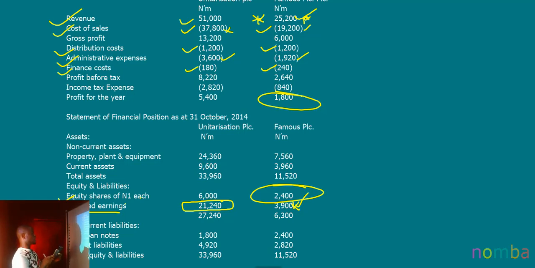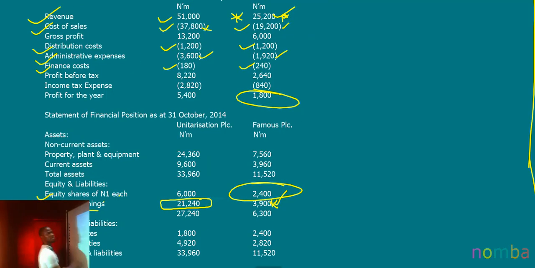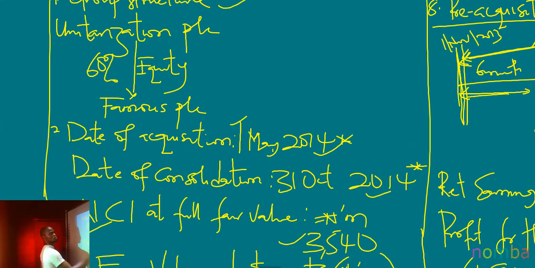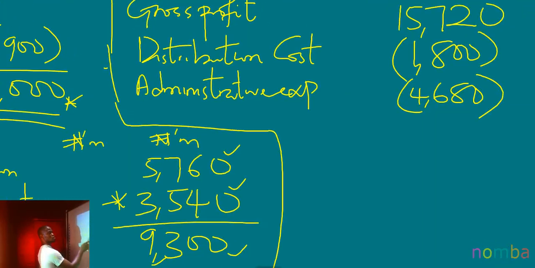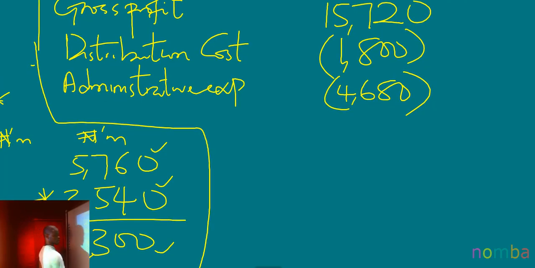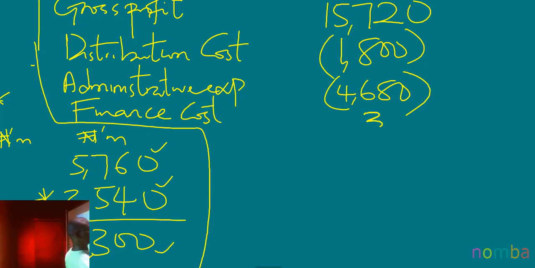If I add the 180, I will get 300. So let me go and insert my finance cost into my consolidated statement of profit or loss. So I will have my finance cost. And my finance cost was 300.